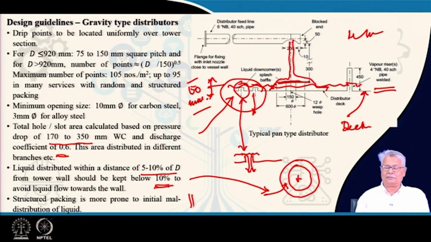And one thing is repeated here, structured packings are more prone to initial maldistribution, because once the liquid enters a particular partition of the corrugation, it moves down, and the maldistribution does not get corrected automatically. To some extent, there is a chance of correction in the case of random packings.